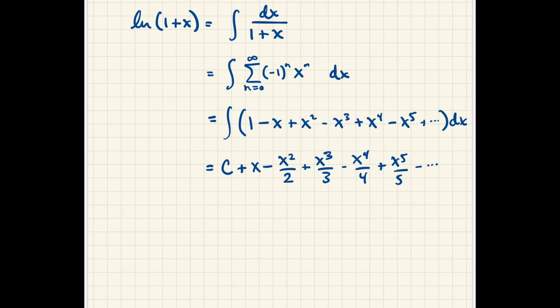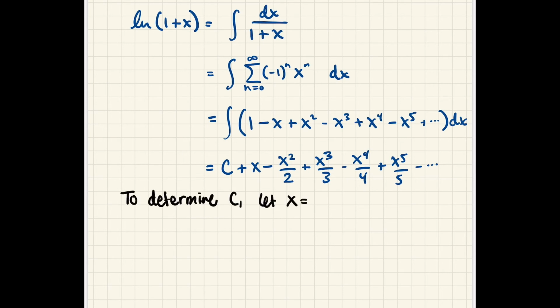All right, now before we wrap this back into sigma notation, we do need to handle the constant. The constant is not just an arbitrary constant. It's a specific number associated with this series, because ln of 1 plus x is a function that evaluates to a number when you plug something in for x. So we have to determine the constant at this point.